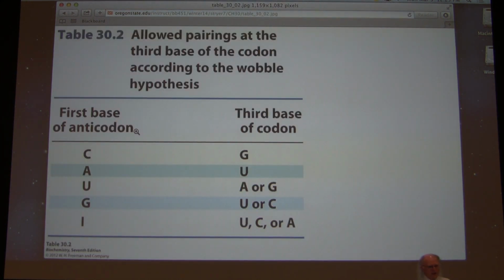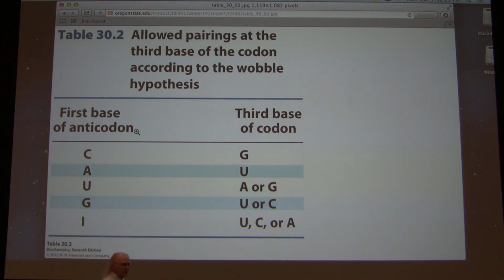Why? Well, look at this. It turns out that inosine is able to pair with 3 of the 4 bases. It doesn't care. It's indiscriminate in its pairings. Well, why would that be useful?